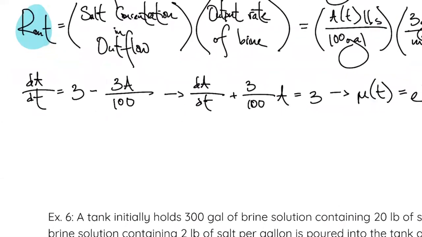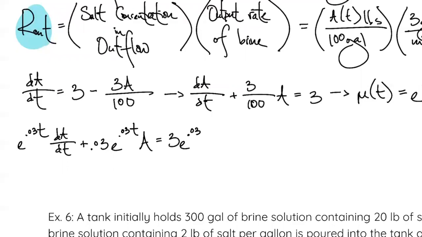And so we'll end up with e to the 0.03t. I didn't want to write a fraction, so I turned 3 over 100 into a decimal. dA/dt plus 0.03 e to the 0.03t times A. Is that a derivative of a product? Sure looks like it. That's good. That's what I want. Equals 3e to the 0.03t.